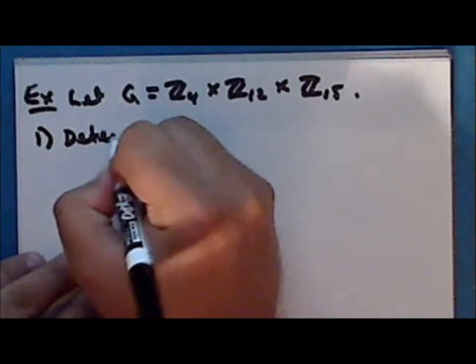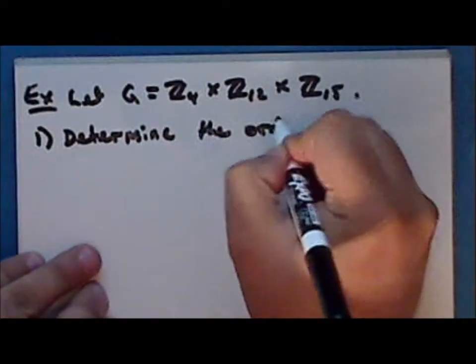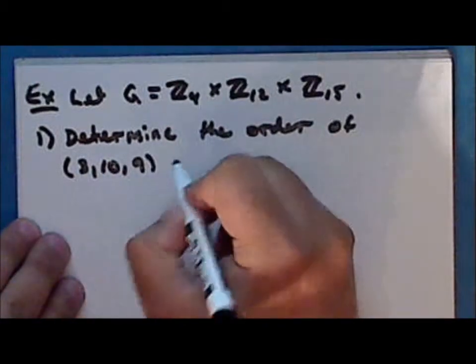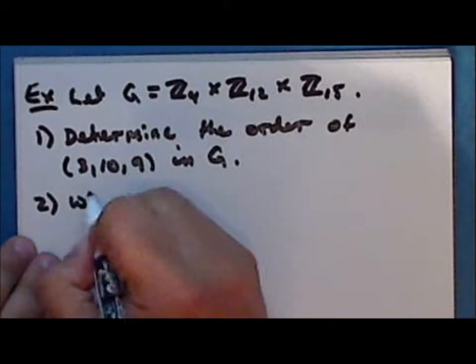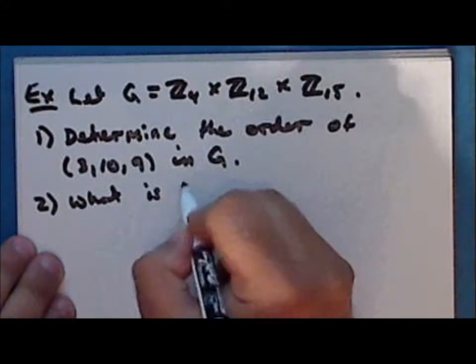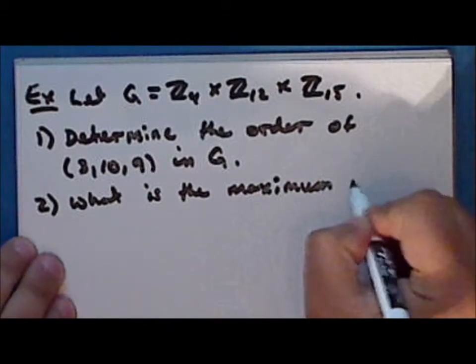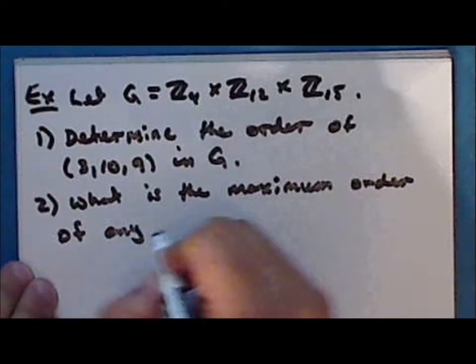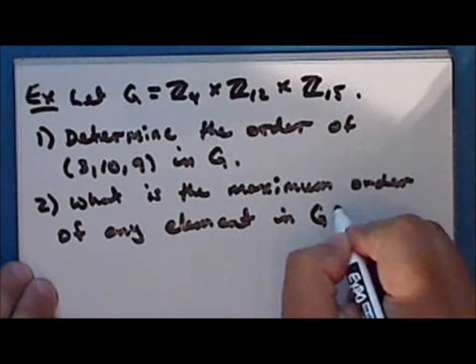Determine the order of the ordered triple 3, 10, 9 in the group G. Determine what is the maximum order of any element in the group G.